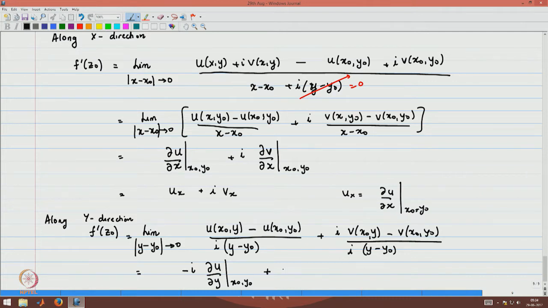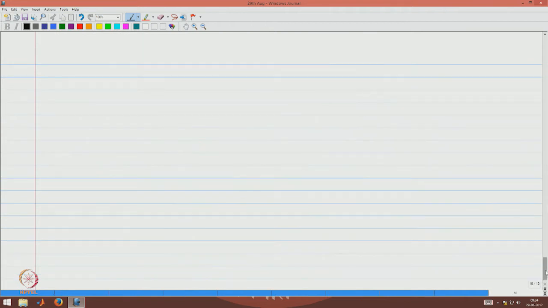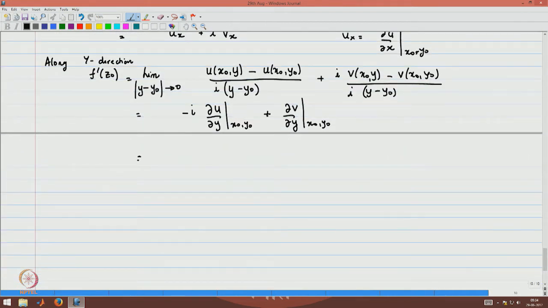So, you have plus dou v by dou y evaluated at x 0 y 0. Okay. So, what I can write this as? I can write this as minus i u y plus v y, okay, where u y equal to dou u by dou y evaluated at x 0 y 0, and similarly for v y.